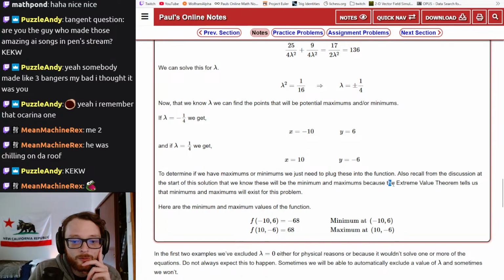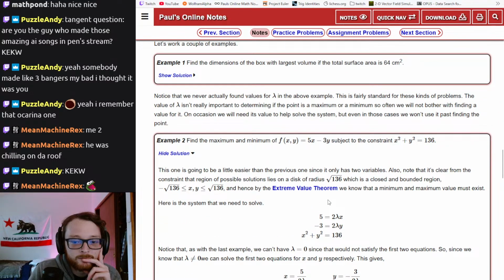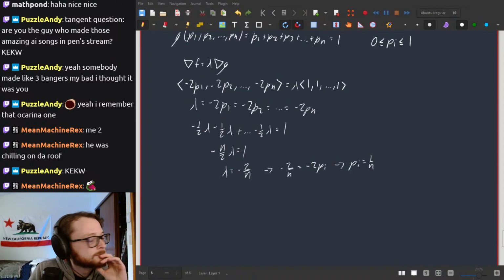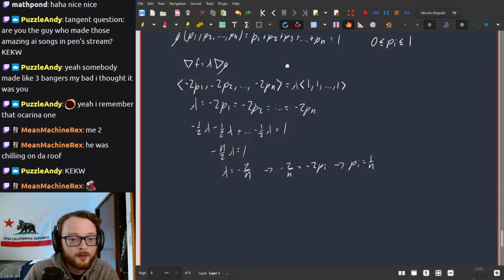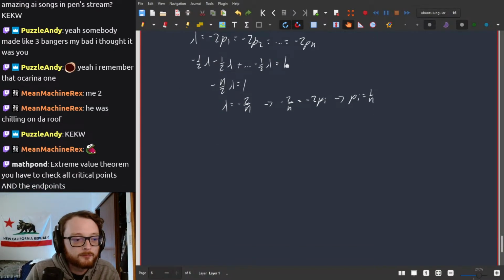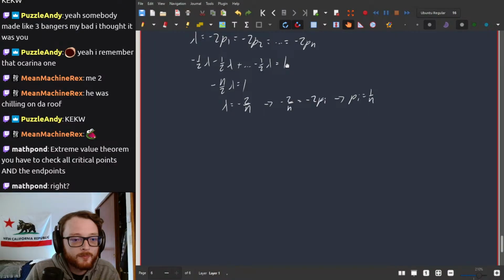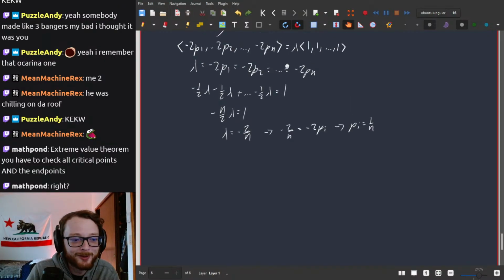Because of the extreme value theorem? I guess because of the extreme value theorem. Yeah, ooh, that's true. I never used the extreme value theorem in multivariable though.